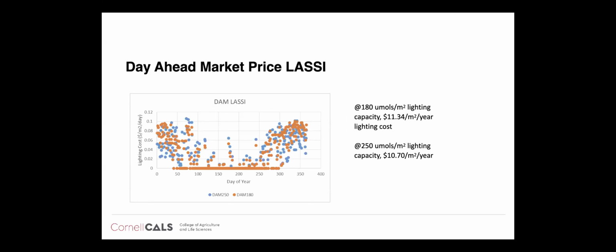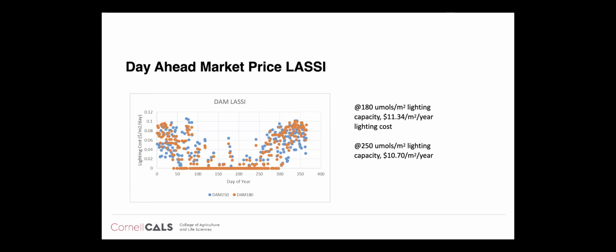Again, I've done the same sort of simulation and plotted out the cost of operation. We still get the same 17 mole per day uniform target, again with the 180 micromoles and the 250. There's maybe less benefit to the higher ones because we're taking advantage of the different prices during the day.